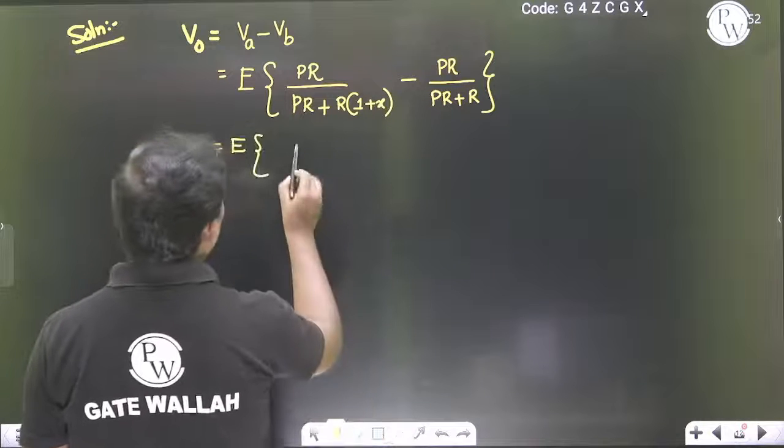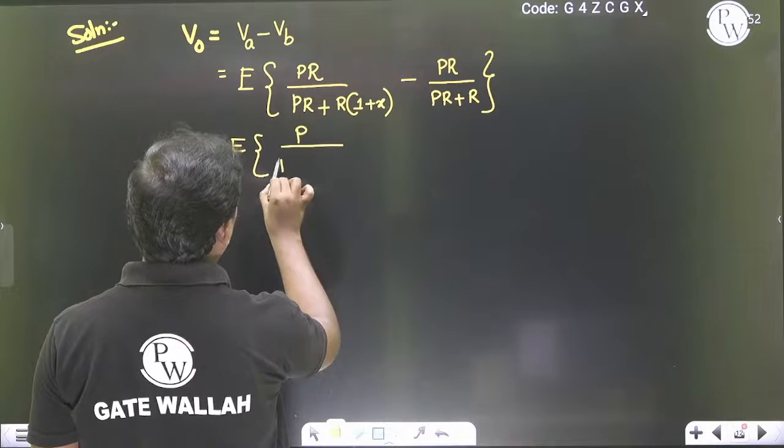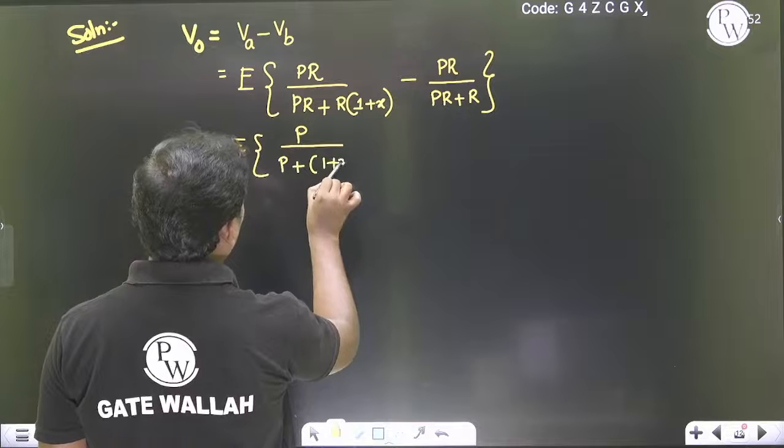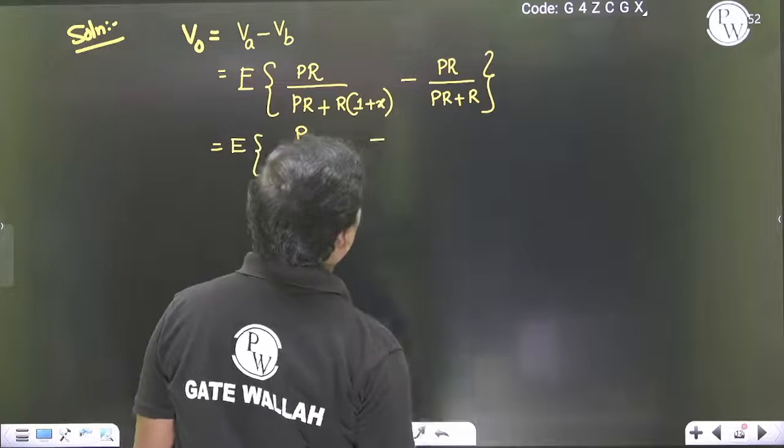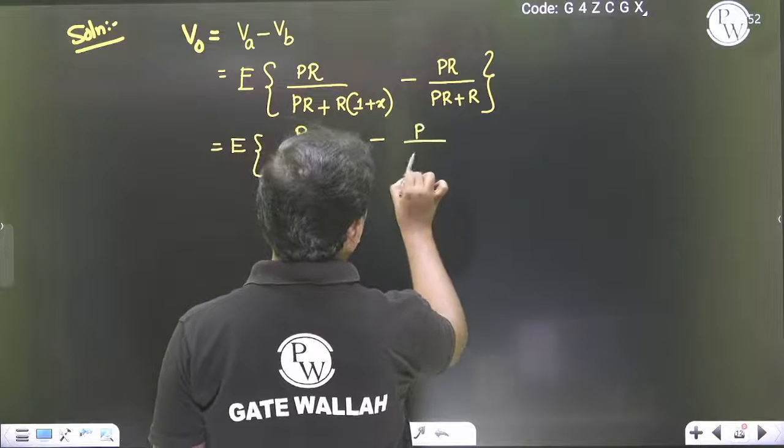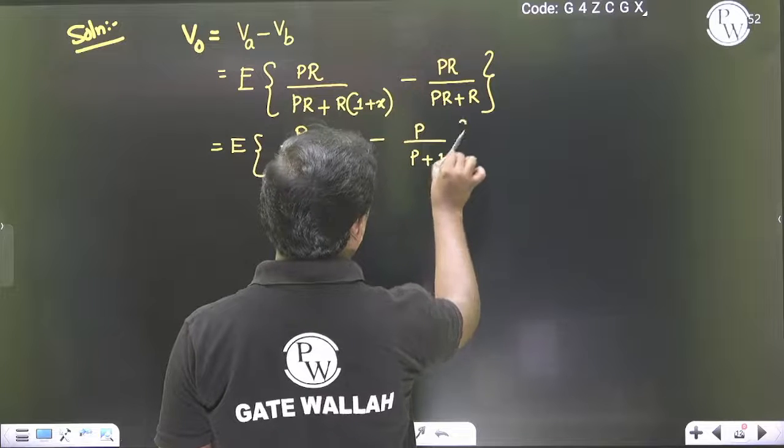If you take R out, it will be P by P plus 1 plus X. Here if you take R out, P by P plus 1.